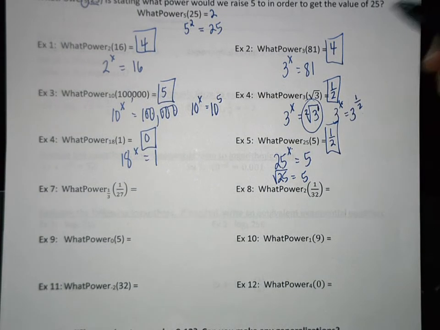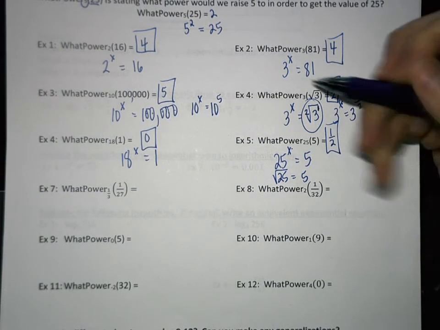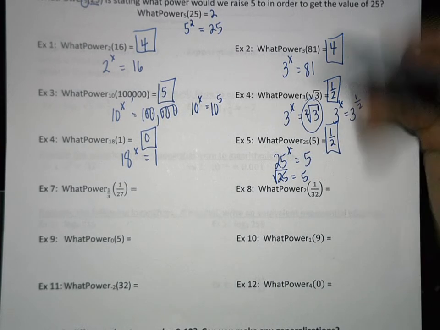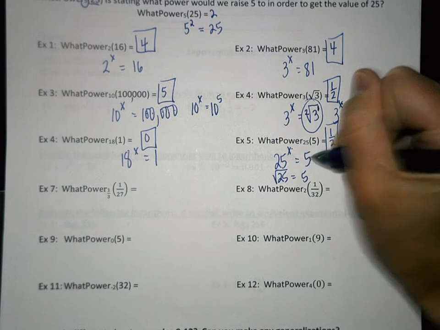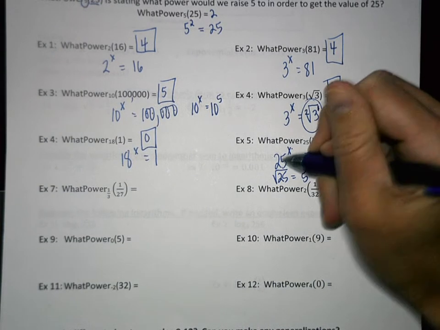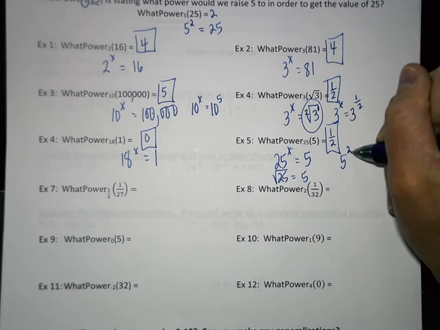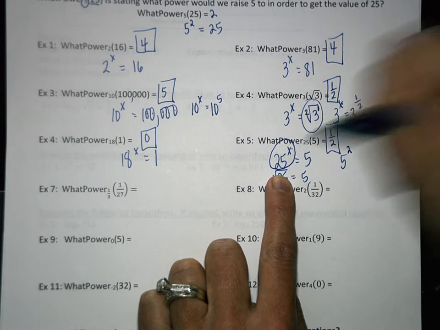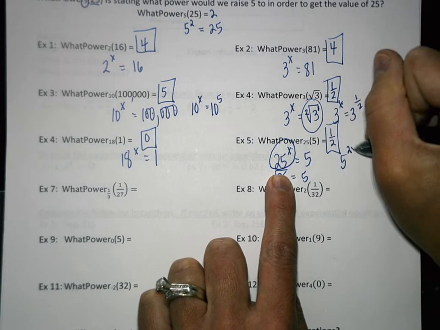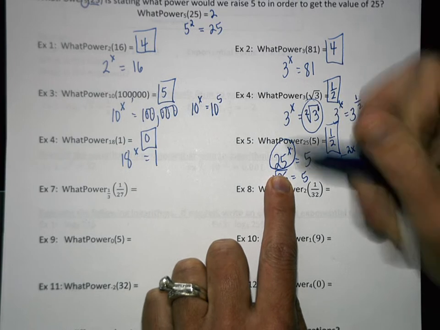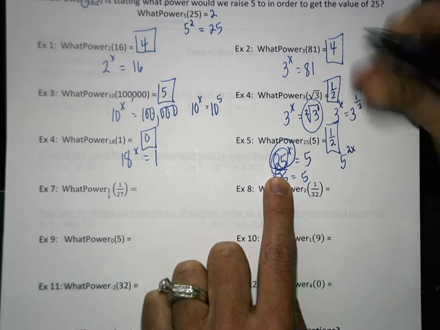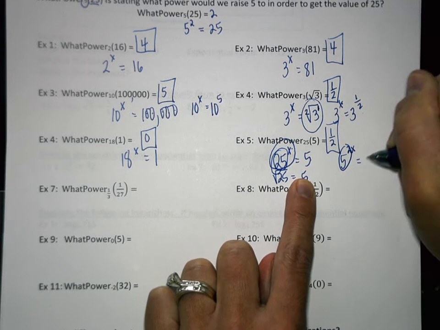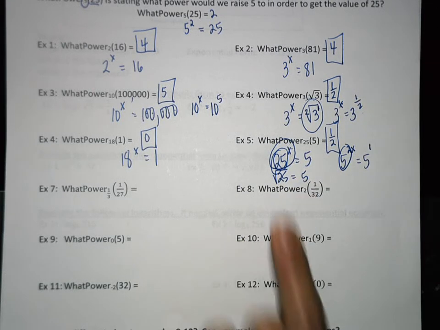Another way that you could think about this, and later on in the unit we'll get more into it, is to get a like base. If we were to change 25 to be the same base as 5, we know 25 is actually 5 to the second power. We already have an x in the exponent, and powers to powers you multiply, so I'd write this as a 2x. So all I did was change 25 to be 5 squared, and then I kept the x up there, equals 5 to the first power.